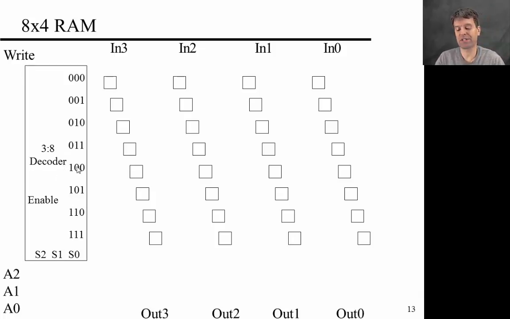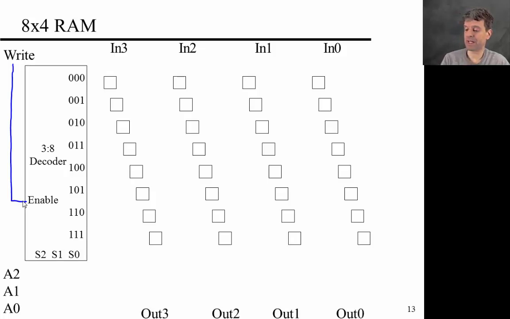If you remember, a 3 to 8 decoder takes a 3-bit code as an input, and it sets one of 8 possible output wires to be true, and all the other ones are false. This is an enabled decoder, so I'm going to connect the write input to the enable input, so that determines whether anything is going to be written or not.